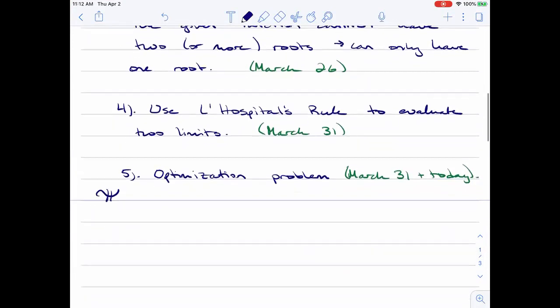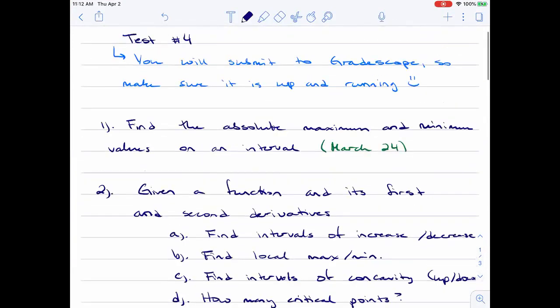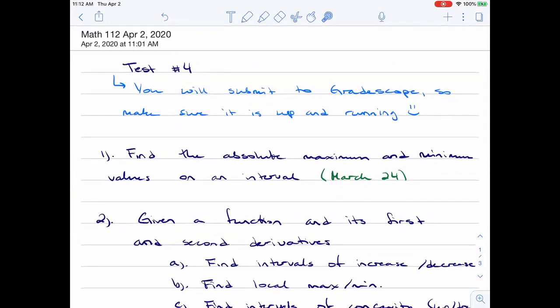When you're submitting to Gradescope, I'm going to add an additional criteria to the list that I gave you when you were submitting your bonus assignment. What I want you to do is use a new page for each question.